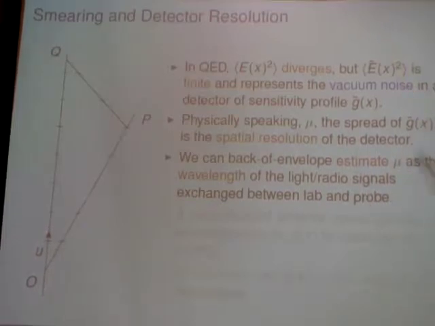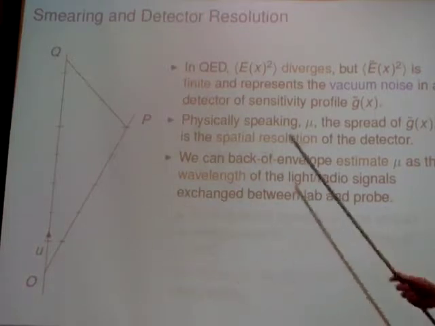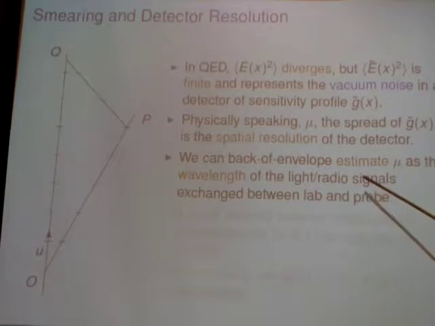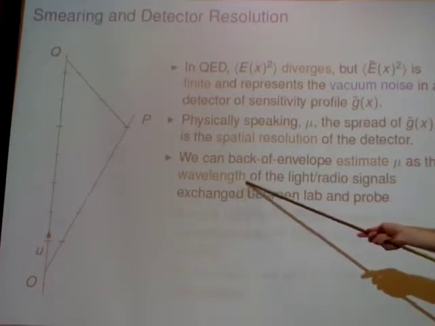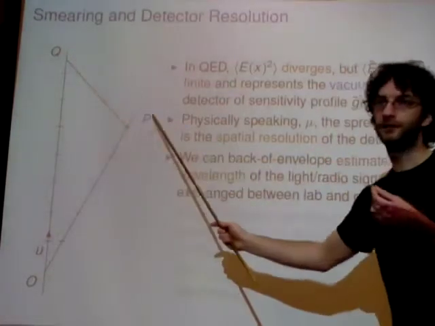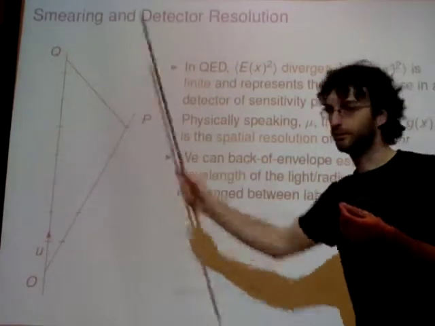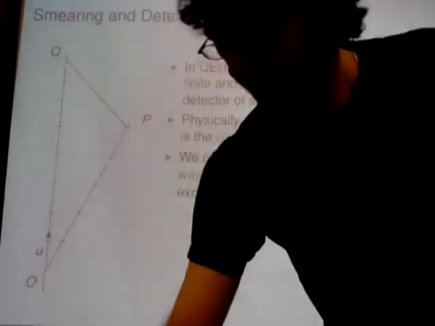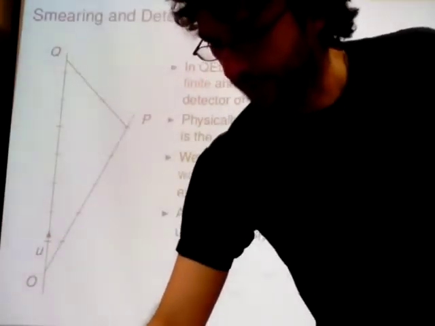And I'll call that length scale mu. As a back of an envelope estimate for this setup, we can take mu as something like the wavelength of the signal that is being used to propagate the timestamp information from the emission time to the reception time.